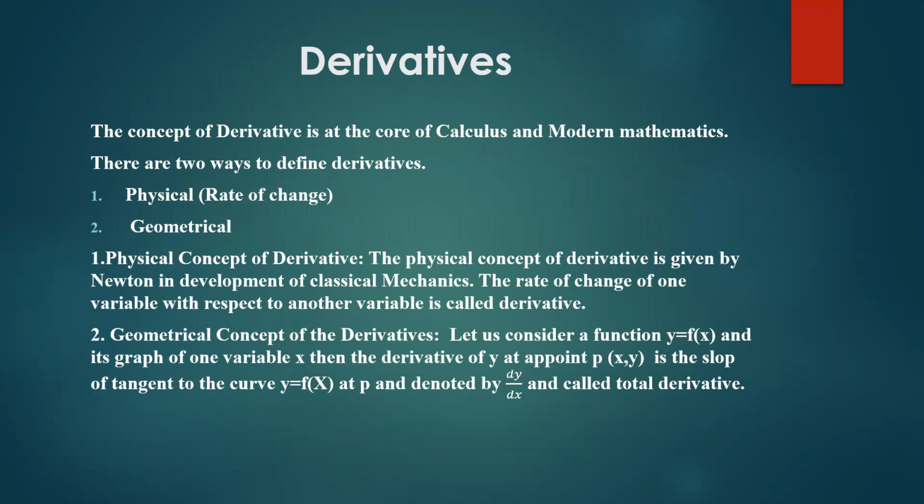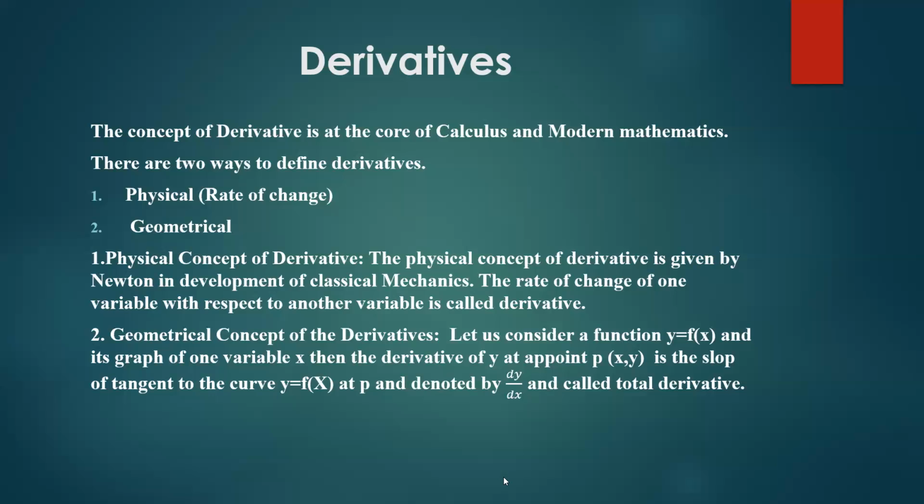First one, the physical concept of derivative. Second is geometrical concept of derivative. The physical concept of derivative was given by Newton in development of classical mechanics. The rate of change of a variable with respect to another variable is called derivative.